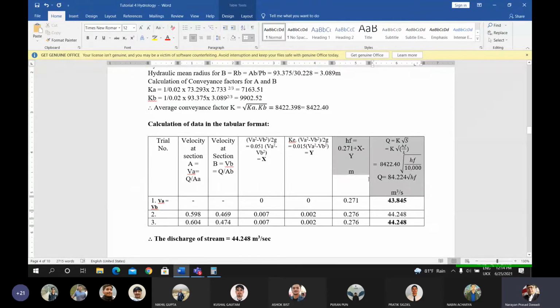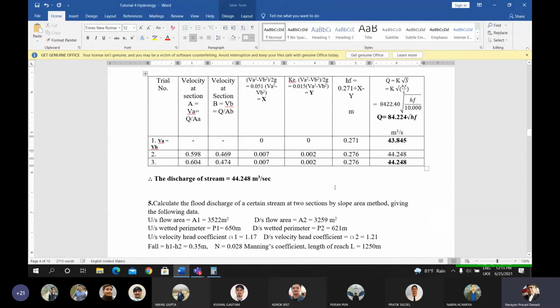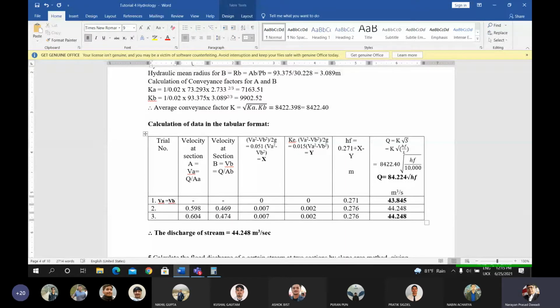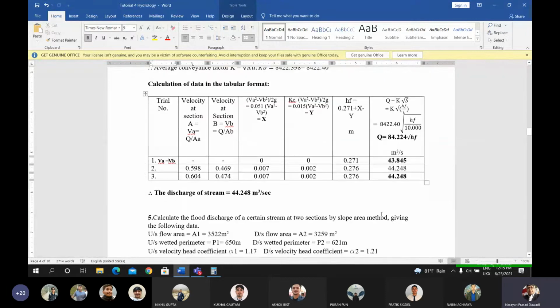After solving this, you can directly multiply 84.224 by the square root of HF, and you will get the value of Q. In this way, you can simplify by yourself. Multiplying, you will get the value of discharge as 44.248.